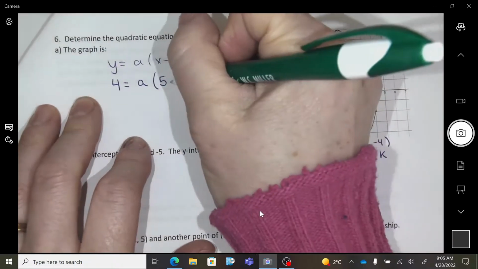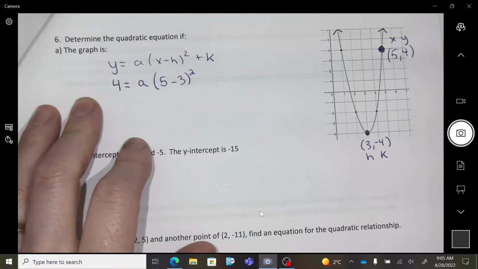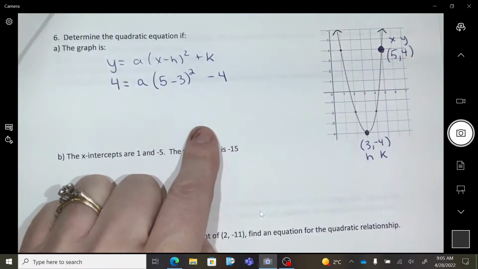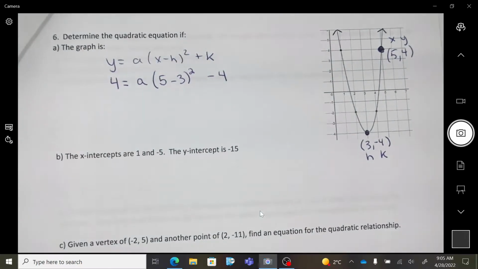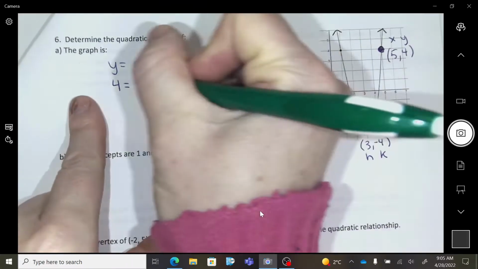Okay, subtract a 3 squared plus K, which is a subtract 4. Okay, we're going to do algebra here, so I'm going to have to add 4.